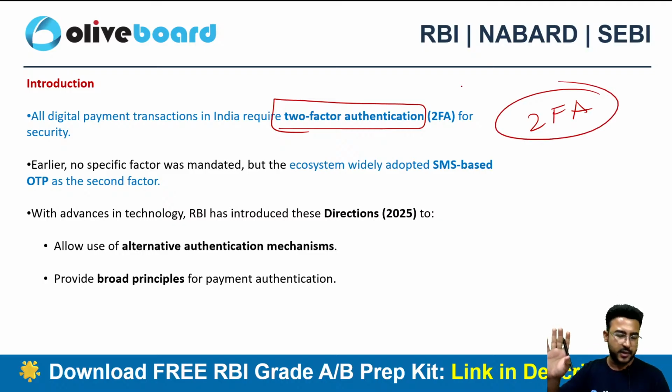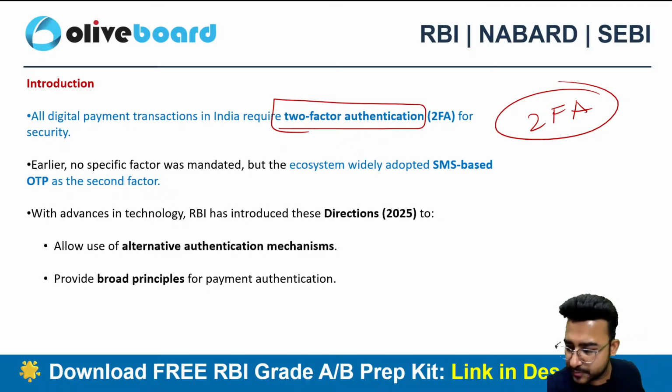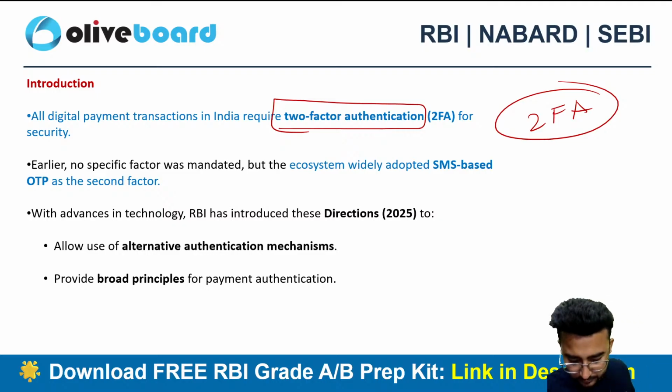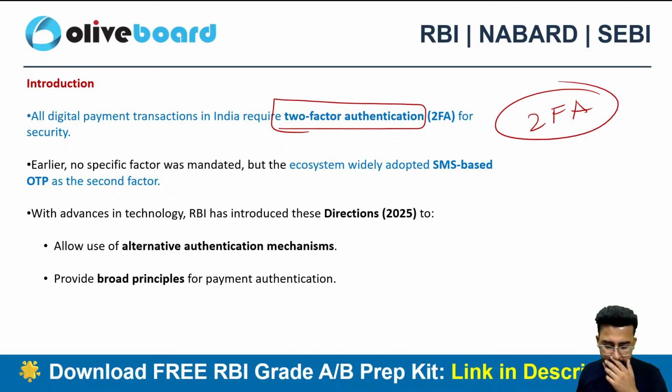Have you guys ever used this two-factor authentication? Maybe on Gmail, right? You must have used or heard about this particular term on Google when you are logging into your account. Two-factor authentication, right? So the first one can be your password, the second one can be your OTP. Let's suppose you have entered your password. Now this was the first authentication.